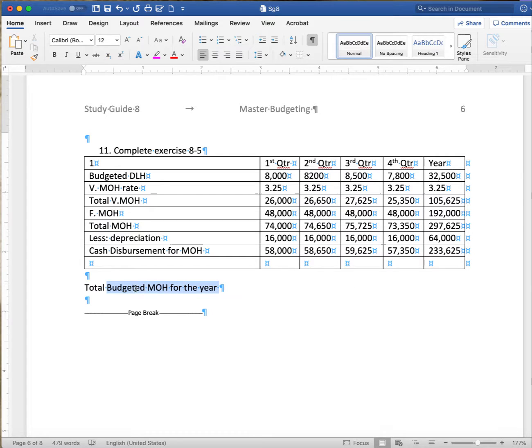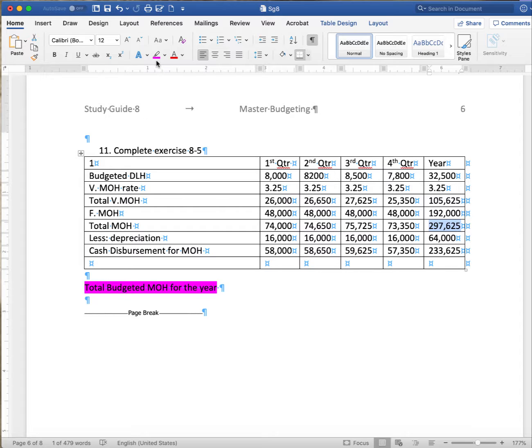And I want to color code this for a very simple reason. What is our total MOH for the year? It's not this. That's the cash disbursement, right? Total MOH includes depreciation.